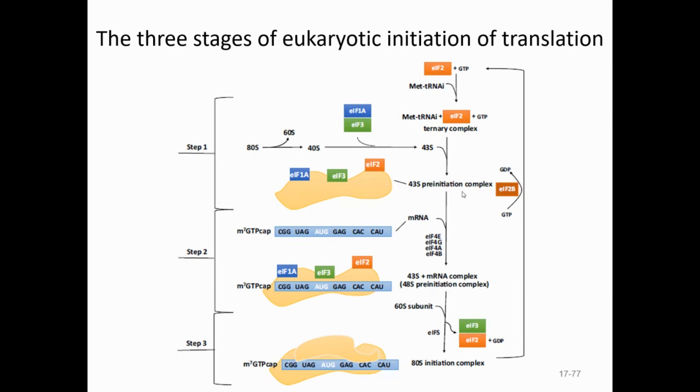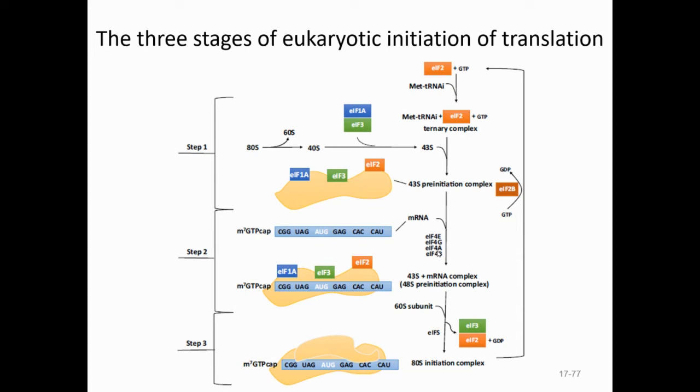In step 2, the messenger RNA is recruited through the 5' cap. The 5' cap orients the ribosome to the correct AUG, and they bind to it through the scanning mechanism. eIF4A, eIF4B, eIF4E, and eIF4G help the 43S pre-initiation complex bind to the messenger RNA.